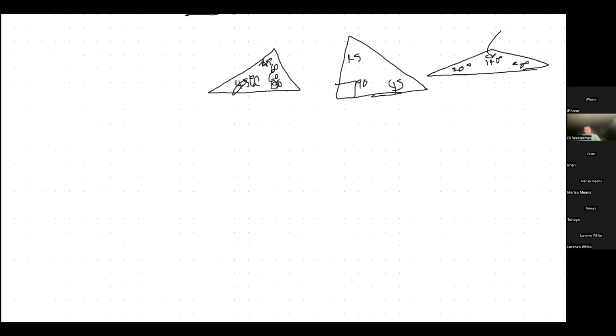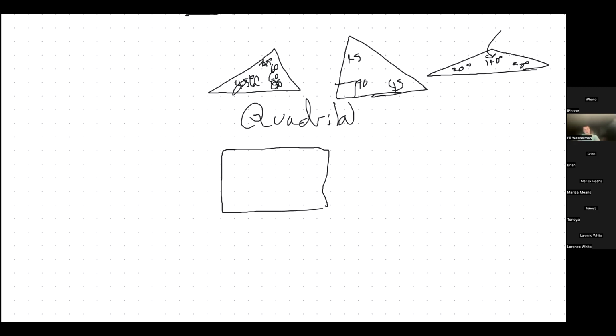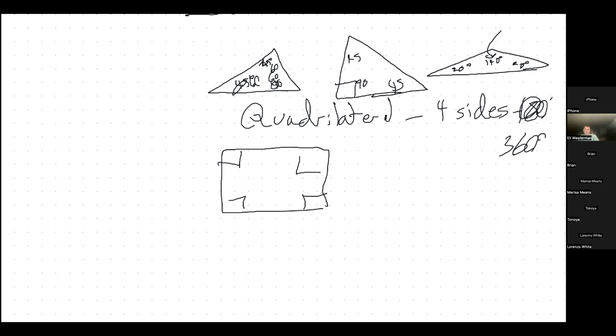Now for quadrilaterals, and what does quadrilateral mean? It means something with four sides. They have 360 degrees interior. So here's a rectangle with four right angles. So you have 90, 90, 90, 90.